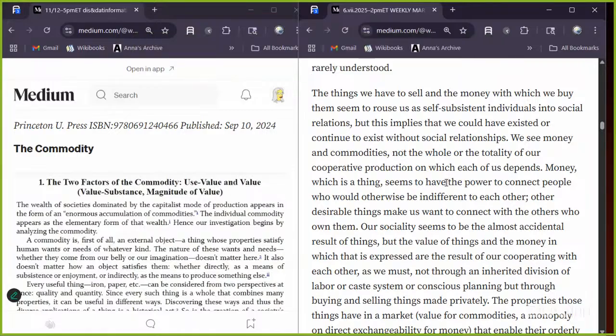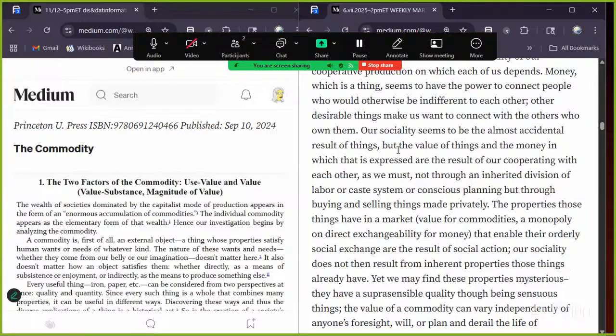Our sociality seems to be the almost accidental result of things, but the value of things and the money in which that is expressed are the result of our cooperating with each other, as we must, not through an inherited division of labor or caste system or conscious planning, but through buying and selling things made privately. This is that difference, the private versus the public.